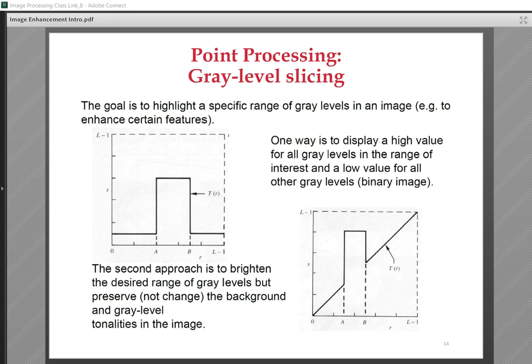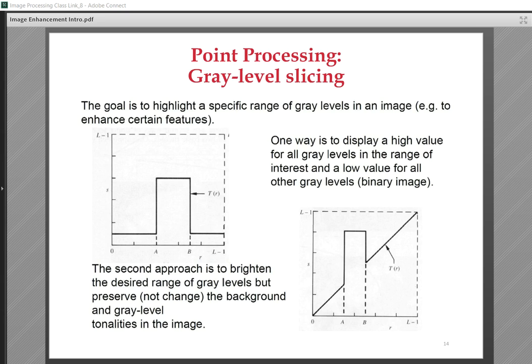We read here that in gray level slicing, the goal is to highlight a specific range. A specific range means between A and B. Highlight a specific range of gray levels in an image, for example, to enhance certain features.